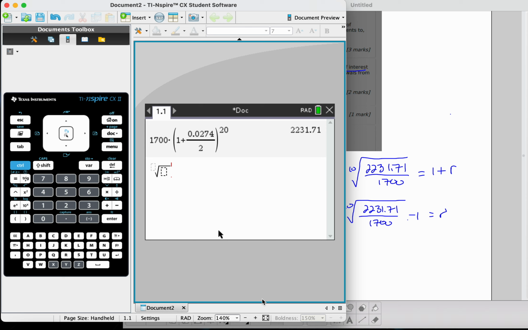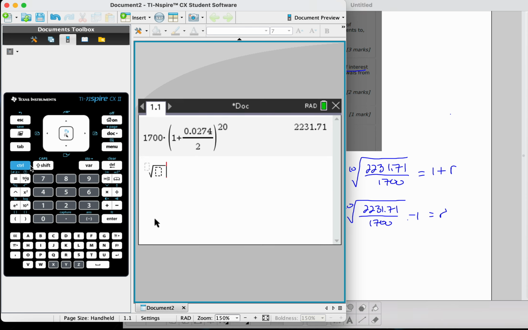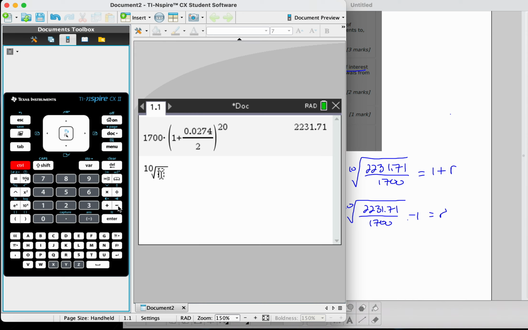It already populated. So Control gives me that, and then I just pop in 10. And then here I'm going to do the fraction because I really like it: 2231.71 over 1700. Minus 1. I have to arrow out of the square root to do the minus 1. And there we go.